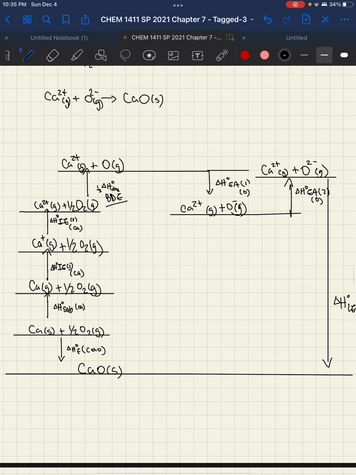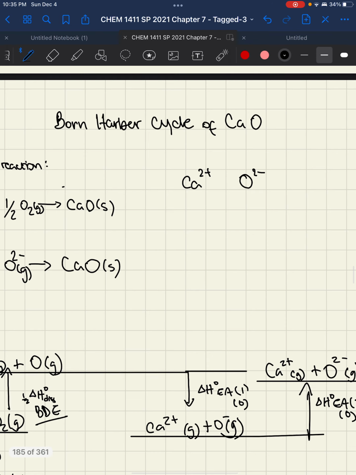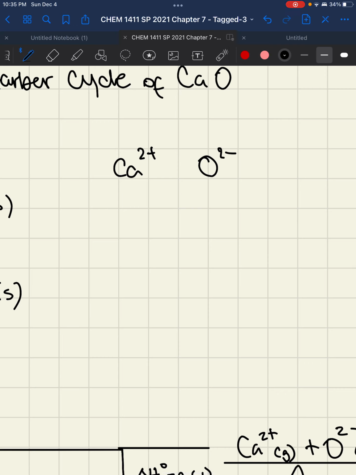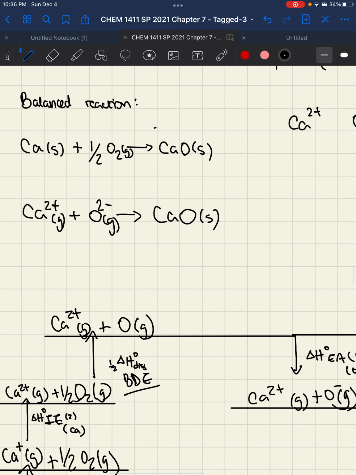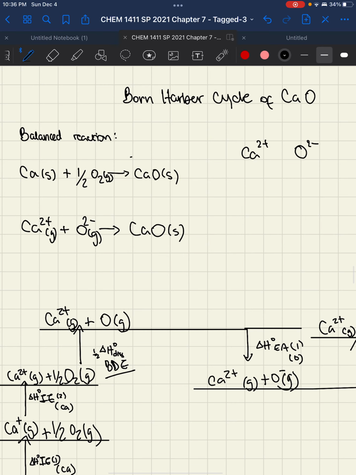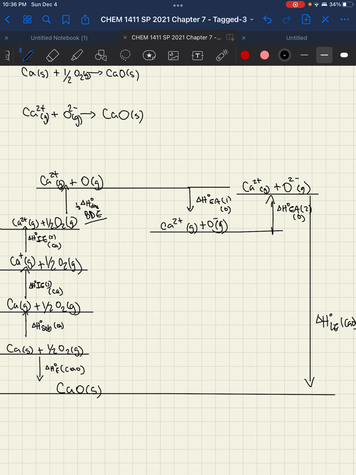So let's do a little recap. For the solid that you're going to do the Born-Haber cycle for, you need to know the charges. In this case, for the metal and the non-metal, identify that, then write your valence reaction, and then write the reaction that essentially gives you the solid, what you want to get.